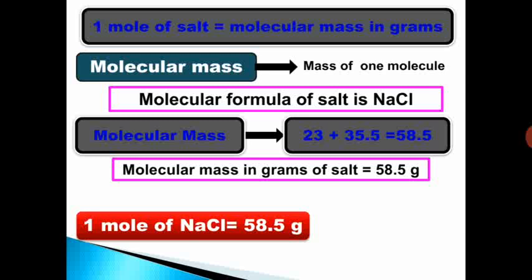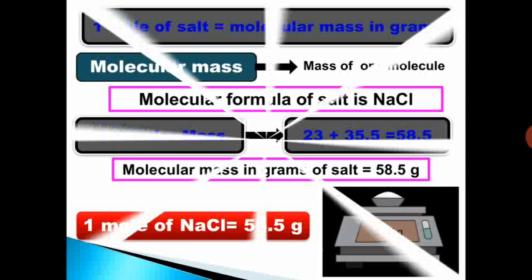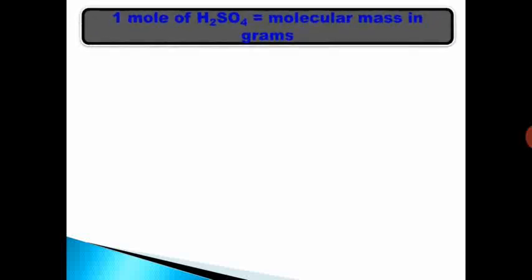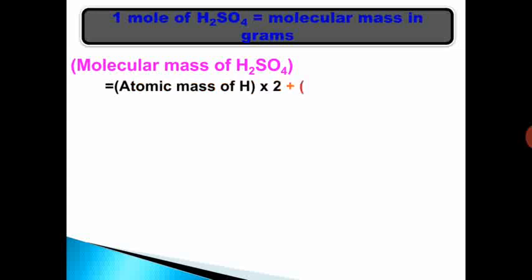Let us understand better with one more example. In the previous video we took the example of sulfuric acid and calculated its molecular mass. So let us take the same example and calculate the 1 mole of sulfuric acid. For that, again, first we have to calculate the molecular mass of sulfuric acid. As we have learned, the molecular mass is the sum of atomic masses of constituent elements. Here H2SO4 is made up of hydrogen, sulfur and oxygen, so we will add their atomic masses.